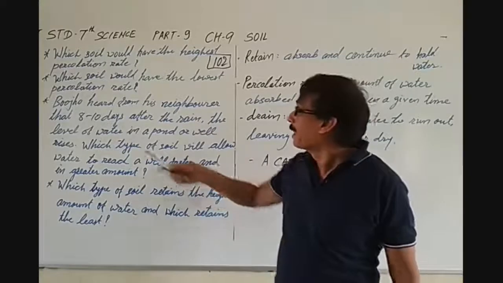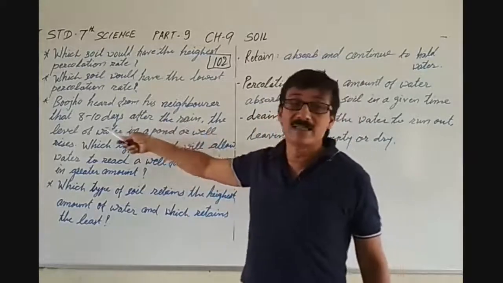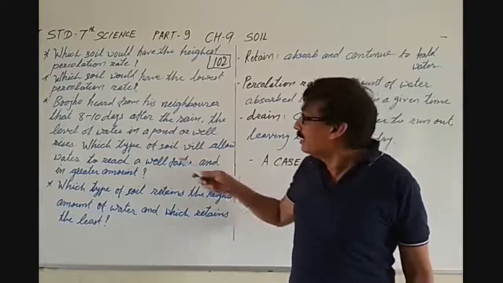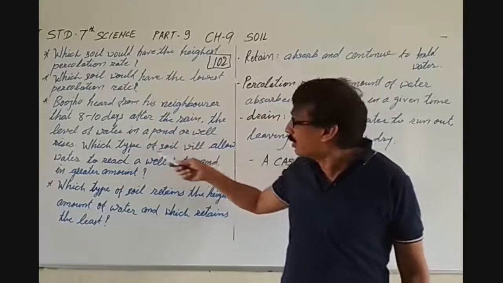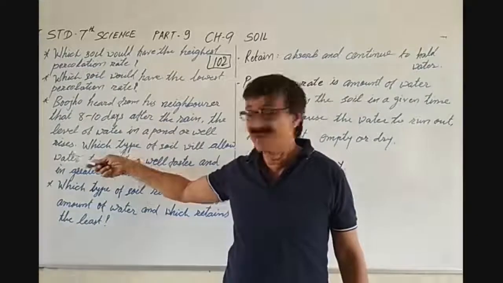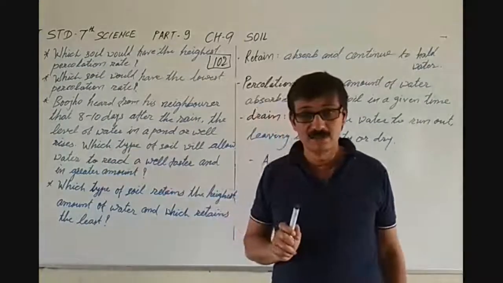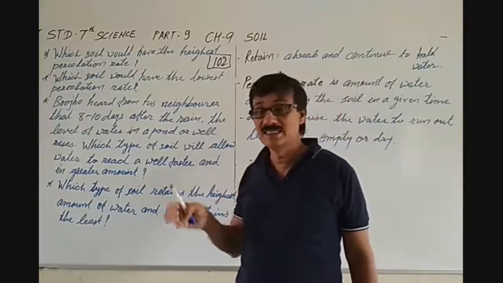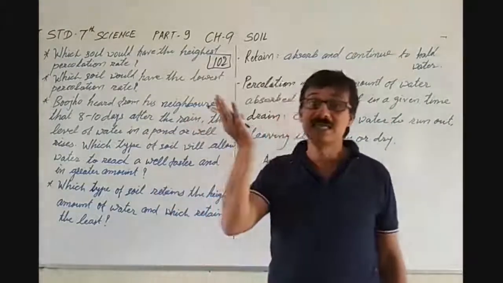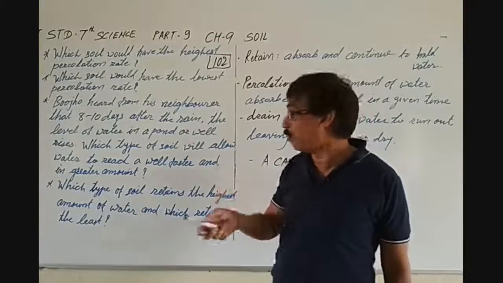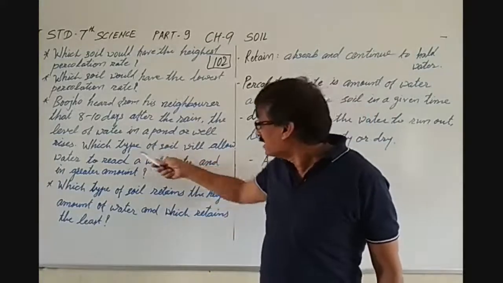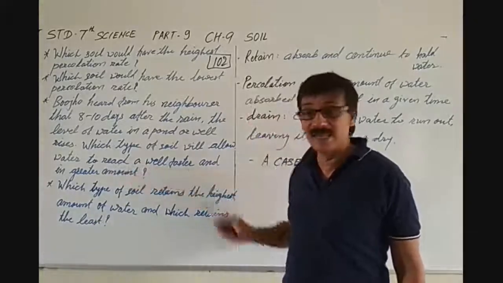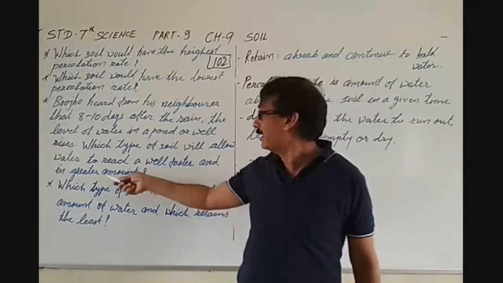Once again, Buzo heard from his neighbor that within 8 to 10 days after rain, the level of water in a pond as well as in a well rises. Which type of soil will allow water to reach a well faster and in greater amount?